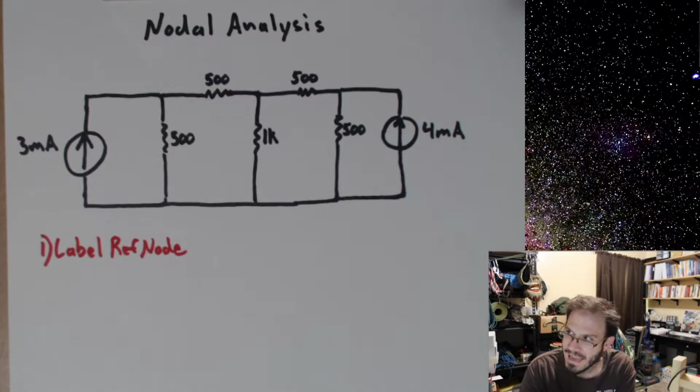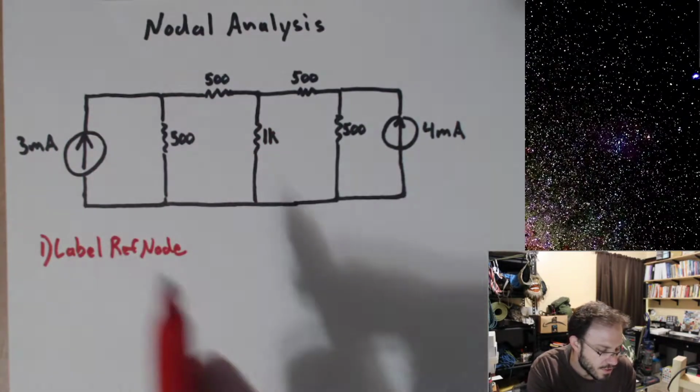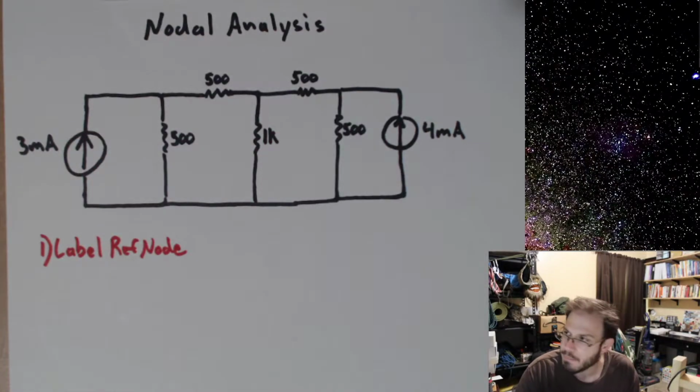You can pick any point and label it as the reference node. It doesn't matter. However, some points will be easier for the sake of writing the equations. So I'm going to pick a point on this circuit that looks like a great place to label as ground.